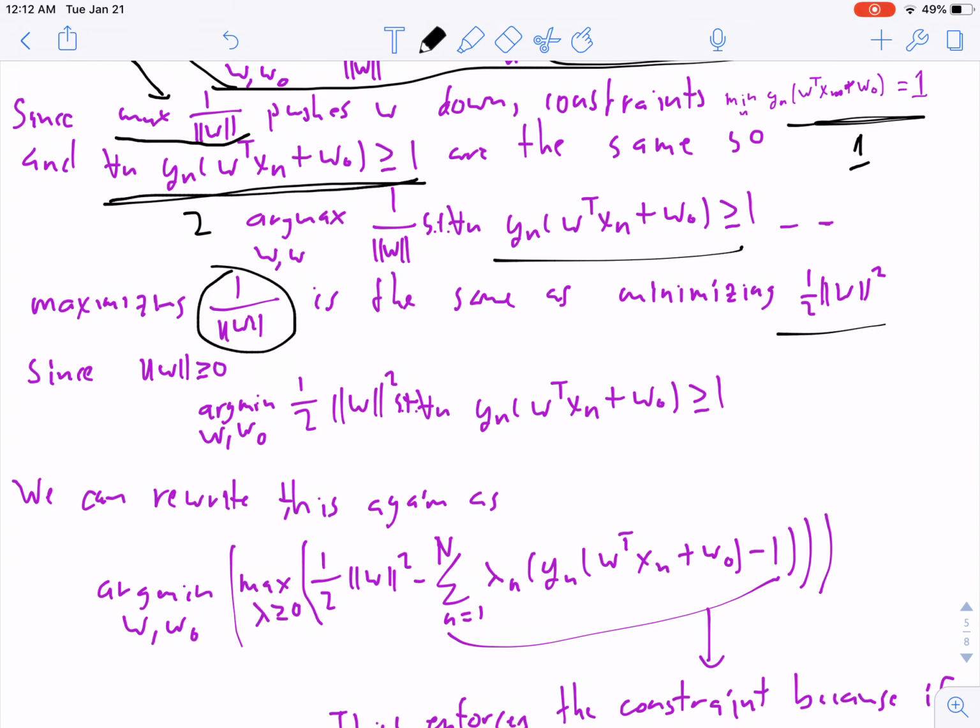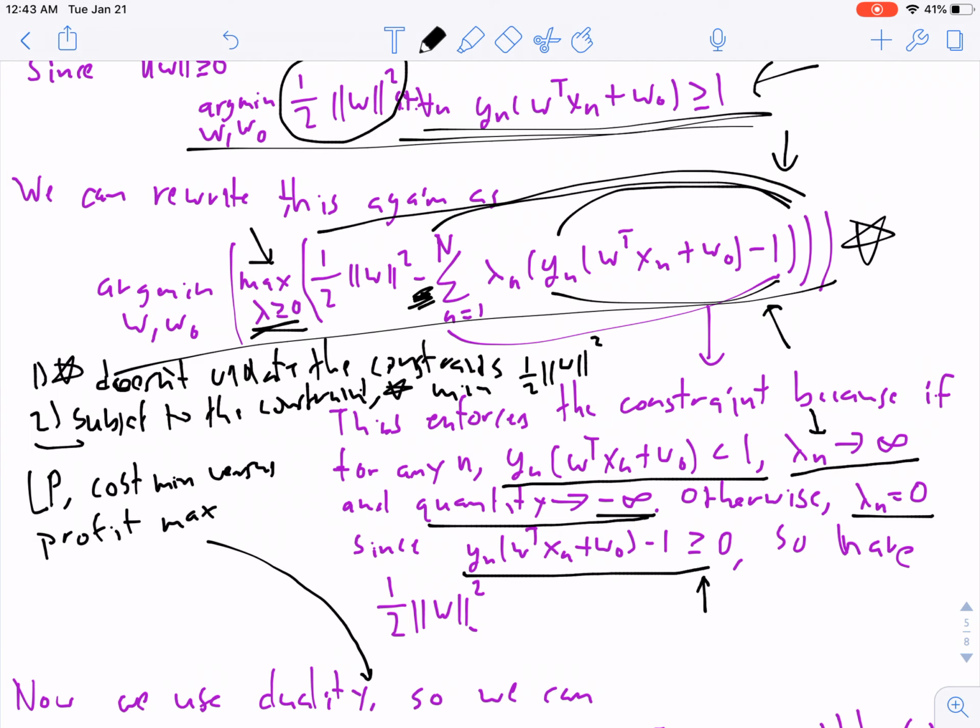And so in order to maximize this, since those positive quantities would contribute to a sum, and then that sum would be subtracted, lambda n will be 0, or in some cases lambda n can be non-zero if this is an equality, but in that case this term right here will be 0. So all of the terms of this sum will be 0.